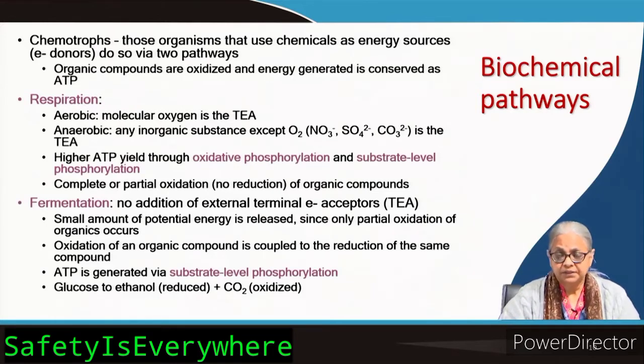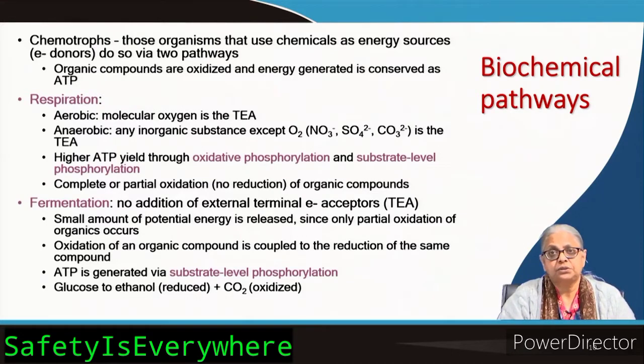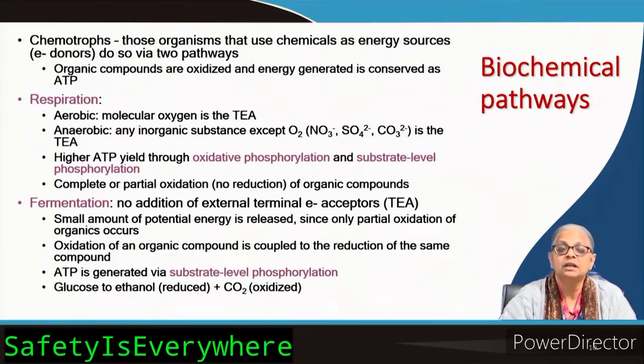So for understanding how energy is generated, we need to have some understanding of the biochemical pathways. Now, there are several methods that organisms can use for deriving energy. So we know that there are chemotrophs. These organisms are the ones that use chemicals as energy sources or electron donors.